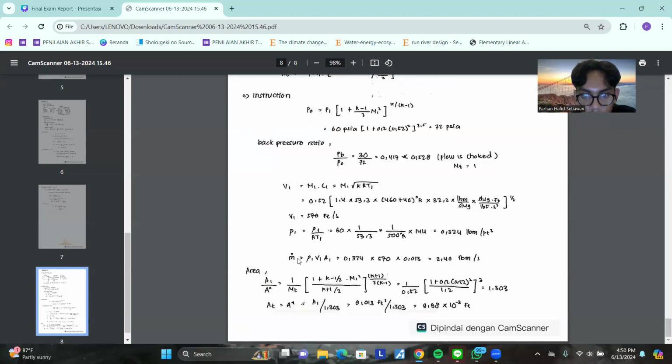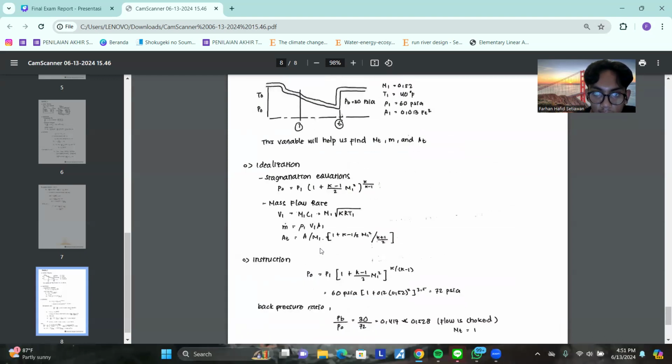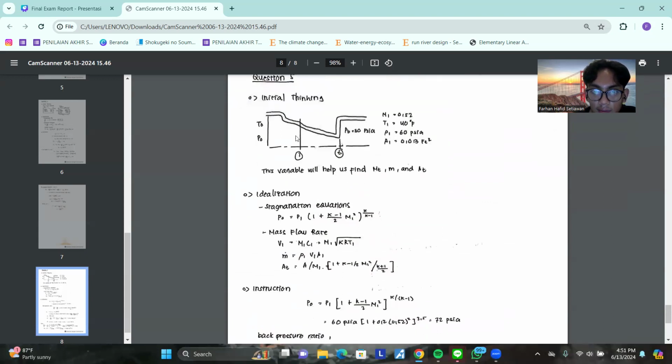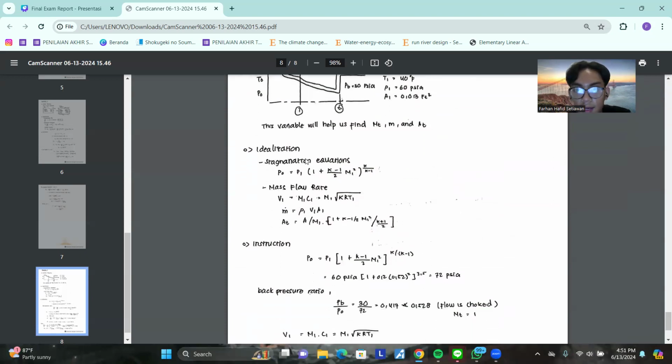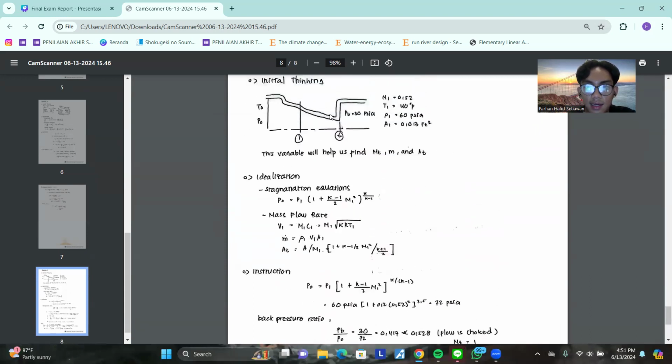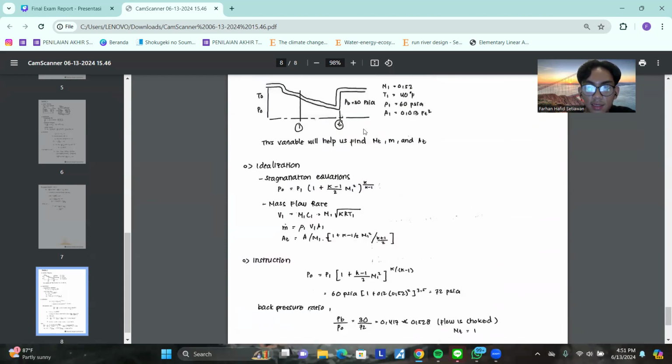After that, we can define the area. It means A1 is equal to A dot; we assume this is A star for the area, where the area here is actually the same as A star.